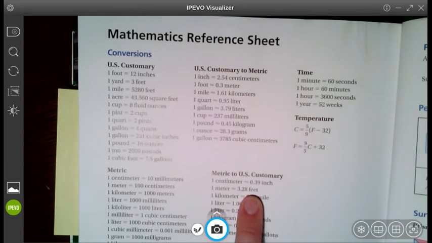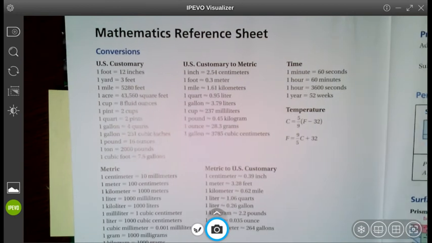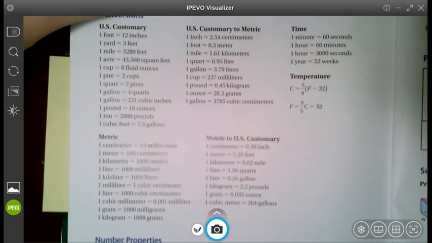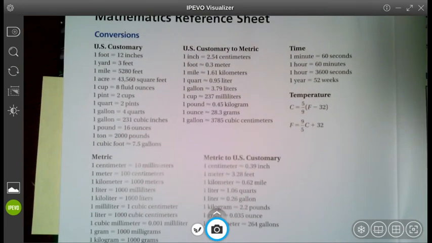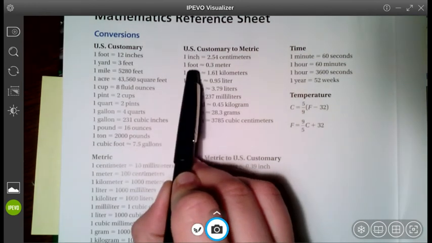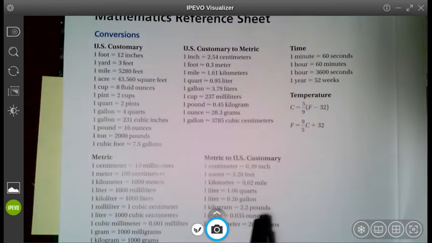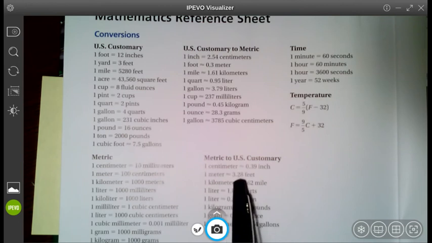Something to notice about this reference sheet when we go to convert between systems is that you'll notice certain things are repeated. For example, if you were going from feet to meters, it's actually on here twice. So I can put 1 foot is 3/10 of a meter, but I also notice that 1 meter is 3 and 28 hundredths feet.